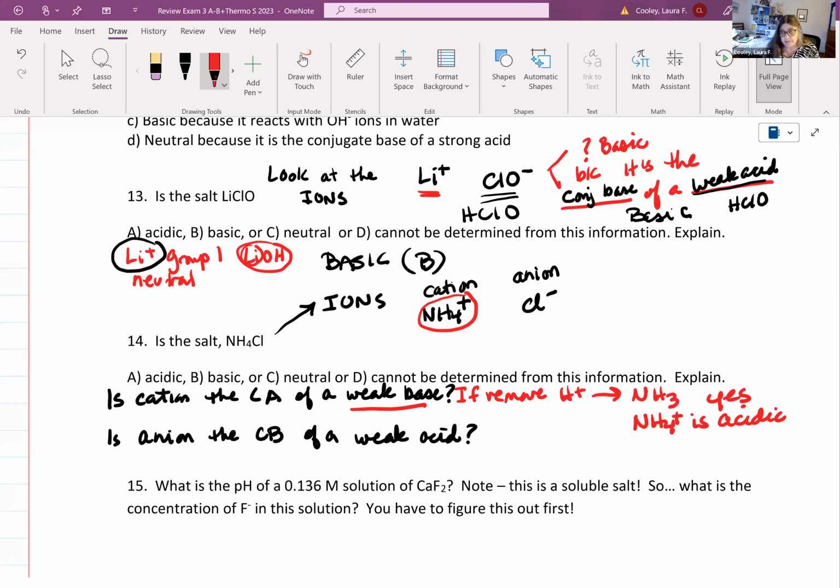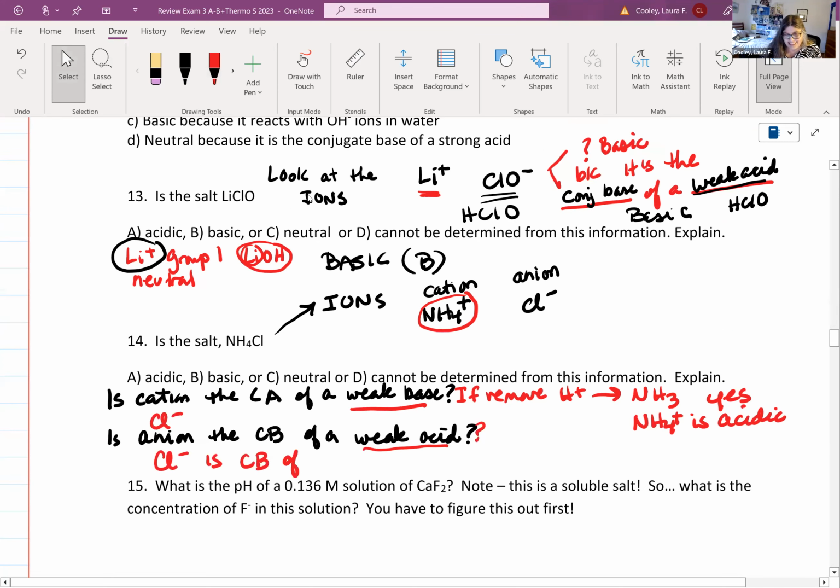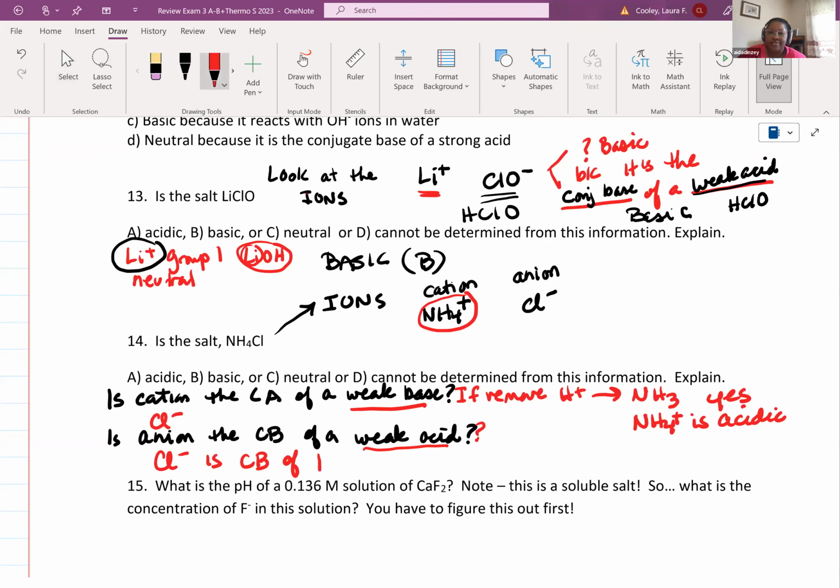Okay. So what about Cl minus? What is Cl minus the conjugate base of? What happens if you add an H plus to that? What? It becomes HCl, a strong acid.